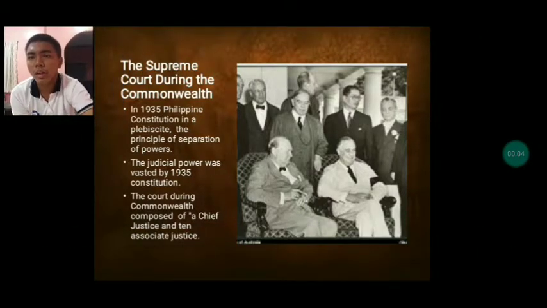Let's proceed to the Supreme Court during the Commonwealth period. The 1935 Philippine Constitution, ratified by plebiscite, adopted the principle of separation of powers.